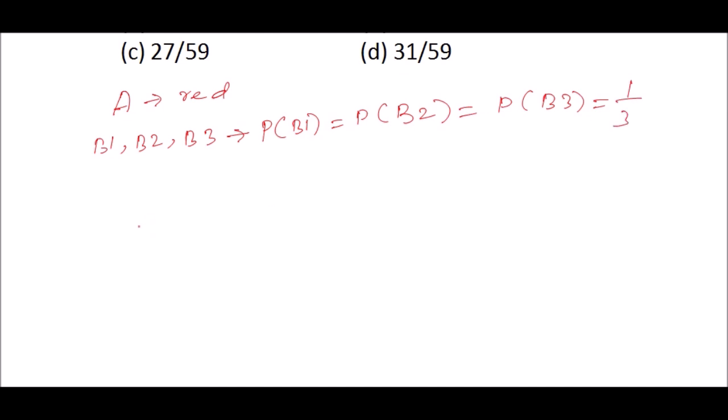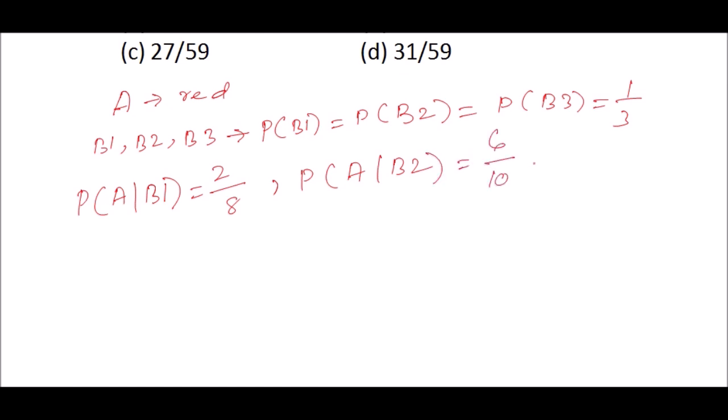Now take another case, the probability of drawing a red ball when we know that the first bag has already been drawn. Therefore, this is equal to 2 by 8, because there are 2 red balls and the total number of balls is 8. Exactly for similar reasons, when the second bag B2 is drawn it is equal to 6 by 10, and when the third bag is drawn, the probability of a red ball is 5 by 8.